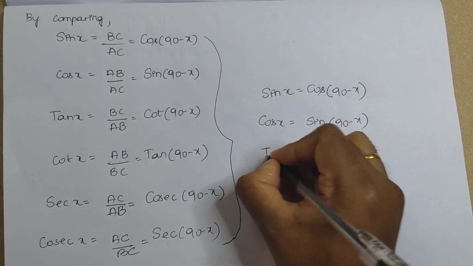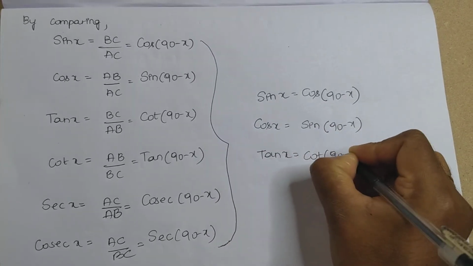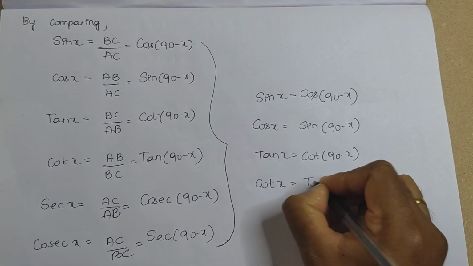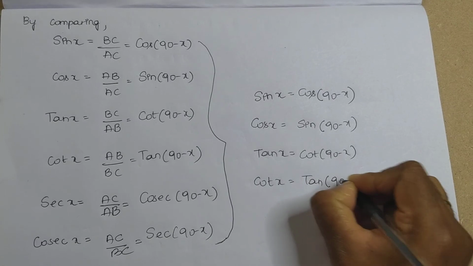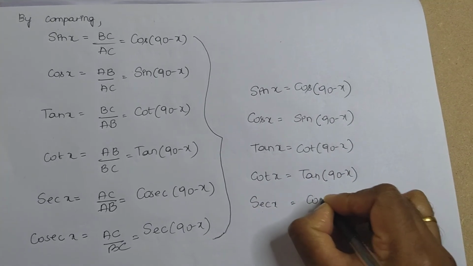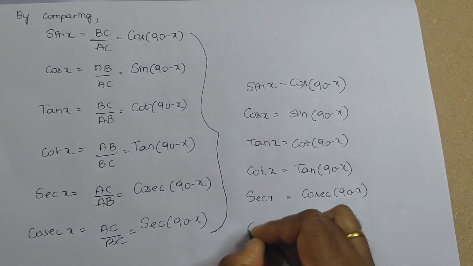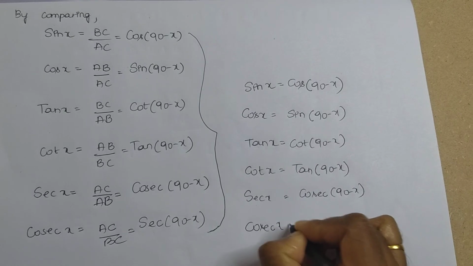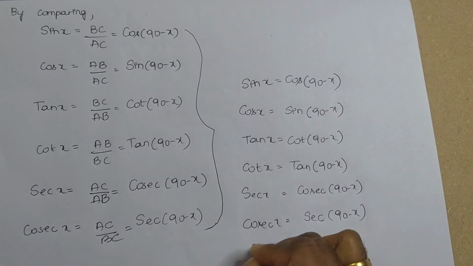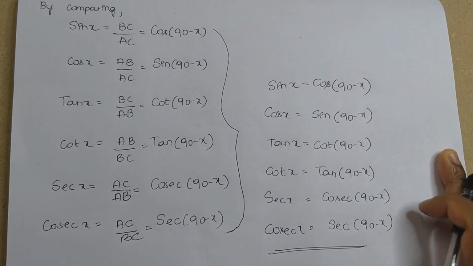Tan x equals cot of 90 minus x. Cot x equals tan of 90 minus x. Secant x equals cosecant of 90 minus x. Cosecant x equals secant of 90 minus x. So this is what we have derived at last in this video.